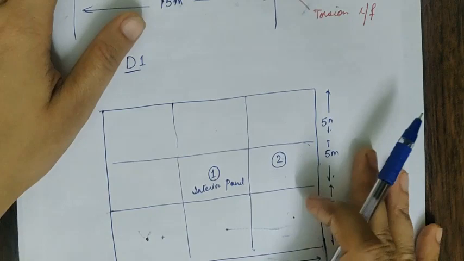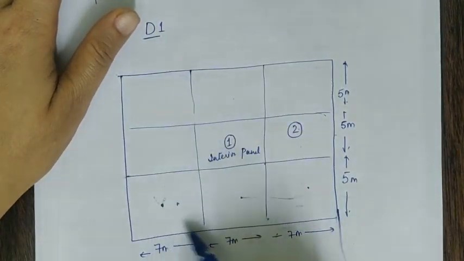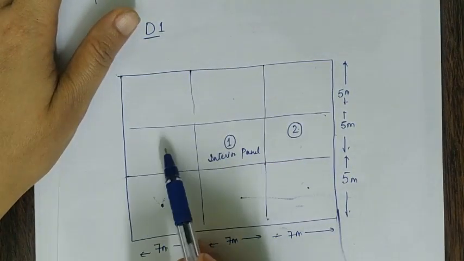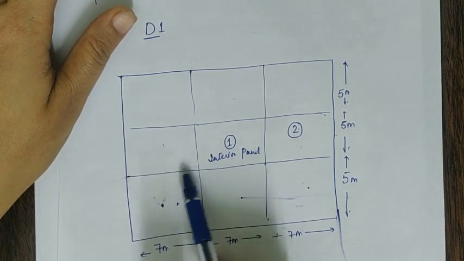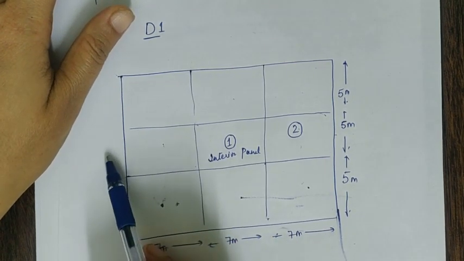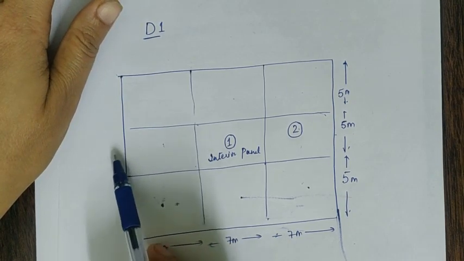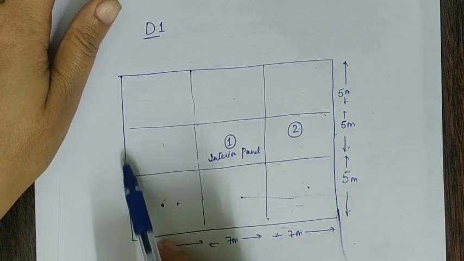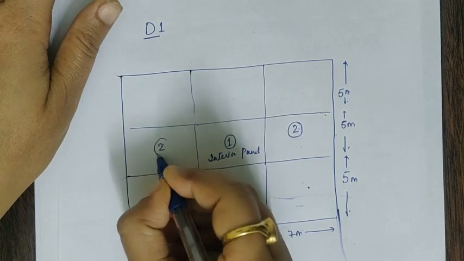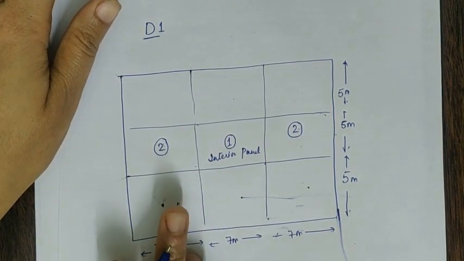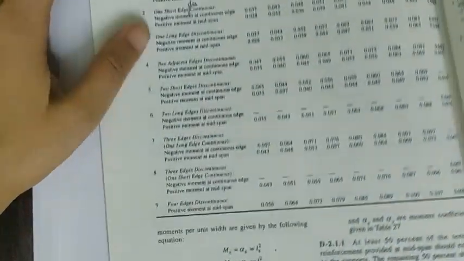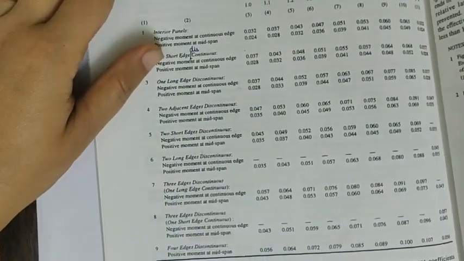Can you search for any other slab in the same category? Look at this particular slab. Again, it is continuous on all the 3 sides. On this side it is discontinuous, and this discontinuous edge is again the shorter edge. So this particular slab is also case number 2.